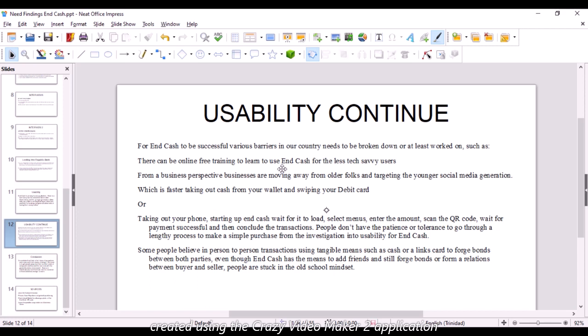From a business perspective, businesses are moving away from the older folks and targeting the younger social media generation.